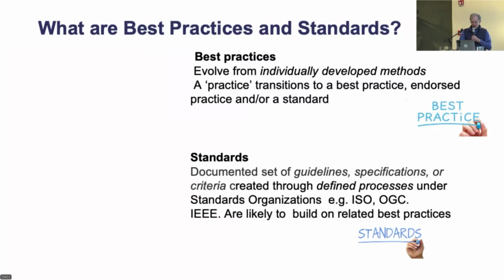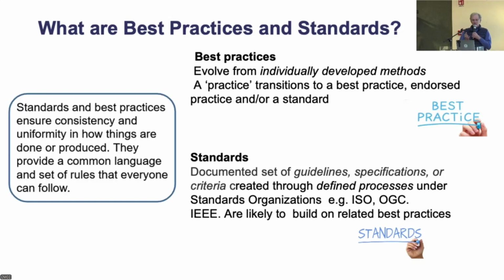And those are done by expert committees and then produced for people to use. In fact, they're really two cats of the same breed. One's bottom up, the other's top down, but the goal is to ensure consistency and uniformity in how things get done. And they provide a common language.